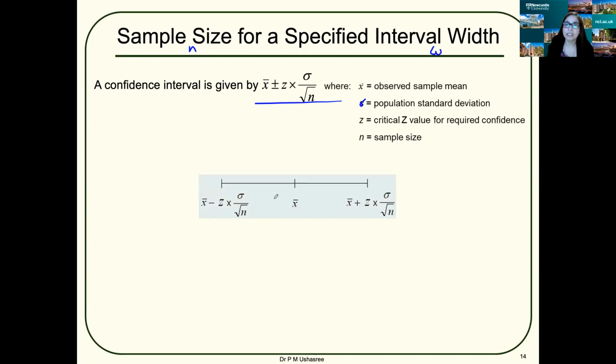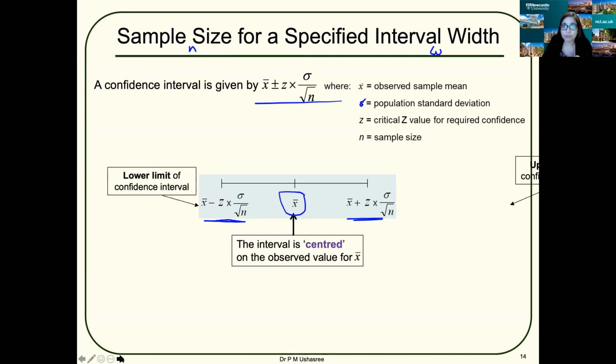The confidence interval lies within this limit, where X bar is the central value. It's always centered on the observed value of the sample mean. The lower value is called the lower limit of the confidence interval, and the upper value is called the upper limit.